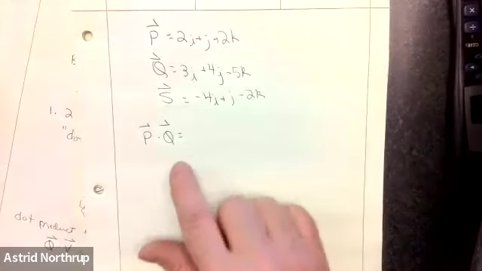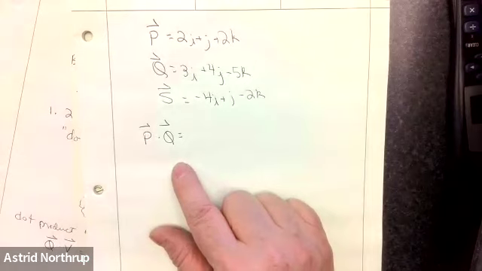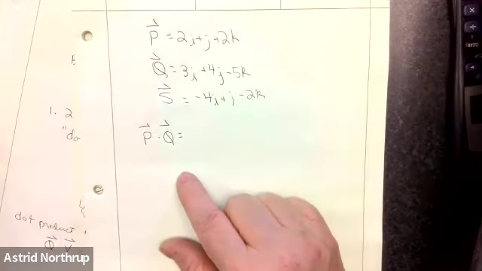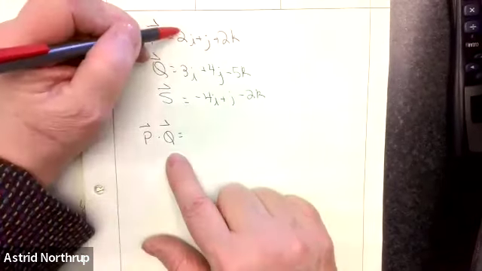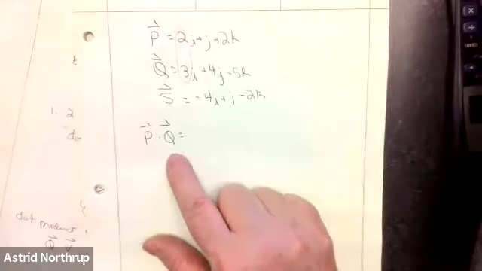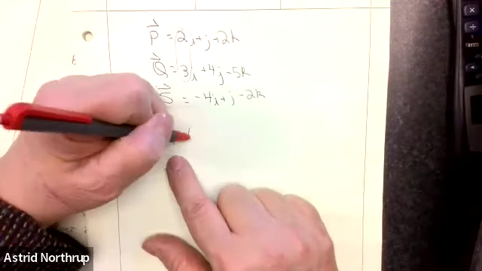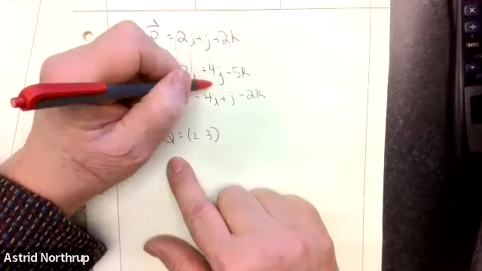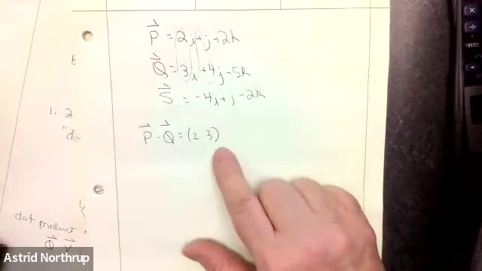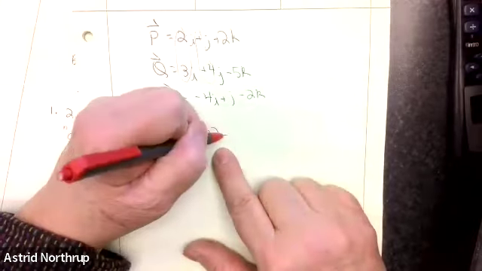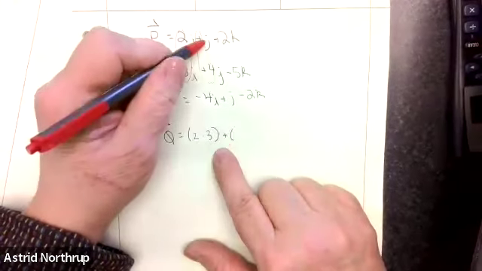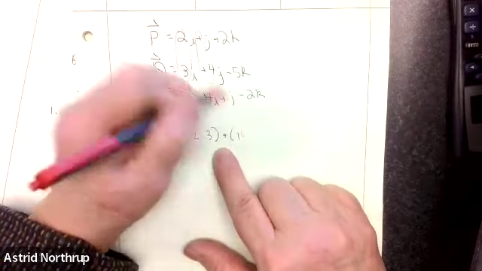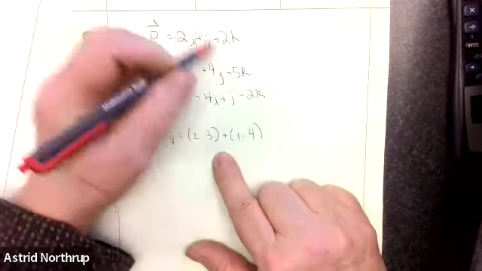Okay. To execute the algorithm that gives you the number, the magnitude of P dotted with Q, you take the X values, in other words, 2 and 3, you multiply them by each other. You take the Y values and add this product. J is just 1j times 4.